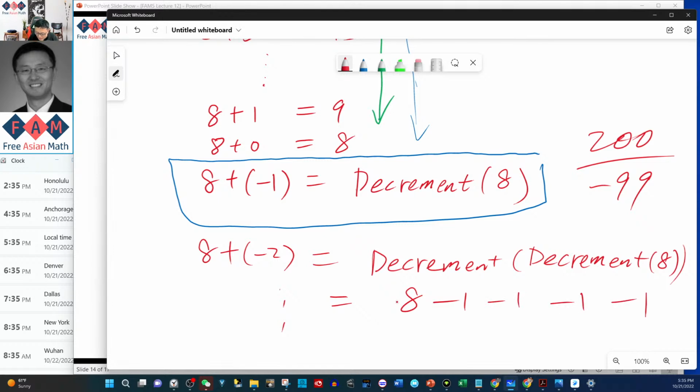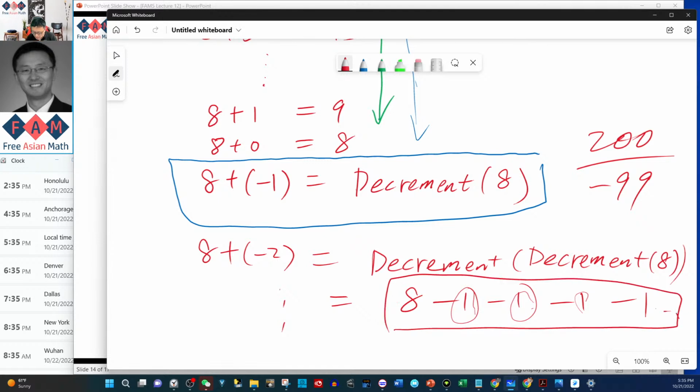Remember? Because now all this is well defined, we can subtract a positive number, just decrement, right? This is just decrement. Remember, decrement is always well defined.